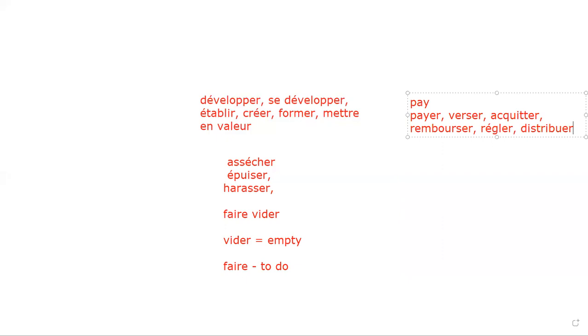What do you say in English? Pay me money, pay my salary, reimburse my expense. It can be one and the same thing, but we are using different vocabularies. Reimburse, settle my account.